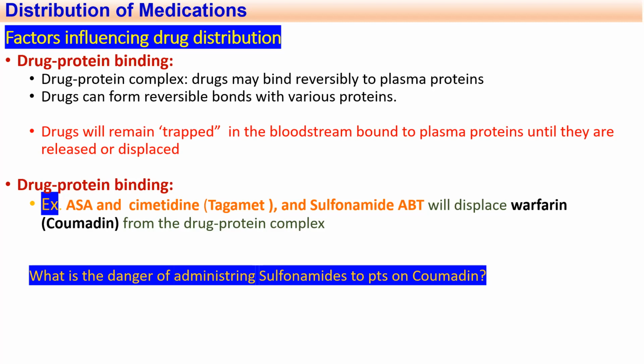It is a large molecule that always remains in the bloodstream. The plasma proteins in general, but specifically albumin, will impact the drug distribution. So the drugs will remain trapped in the bloodstream bound to plasma proteins until they are released or displaced.